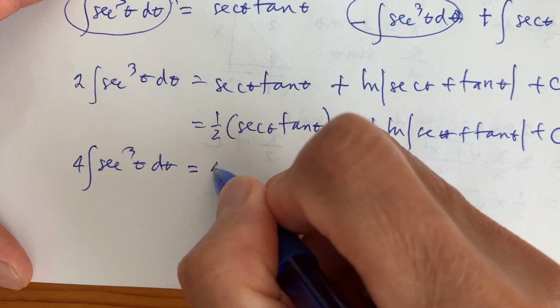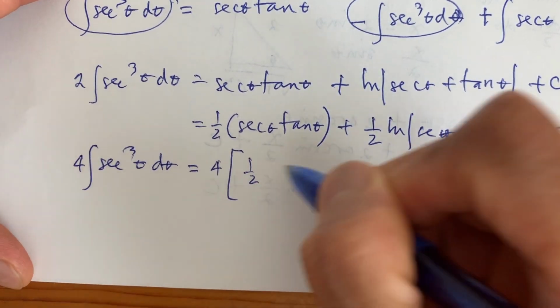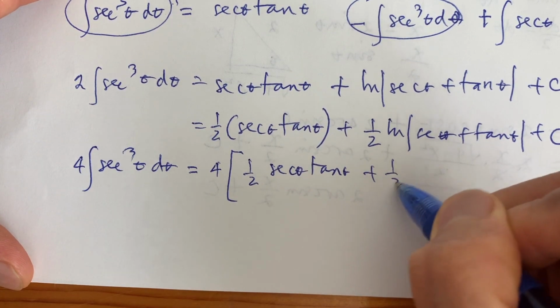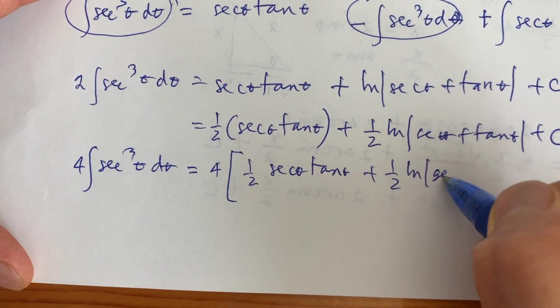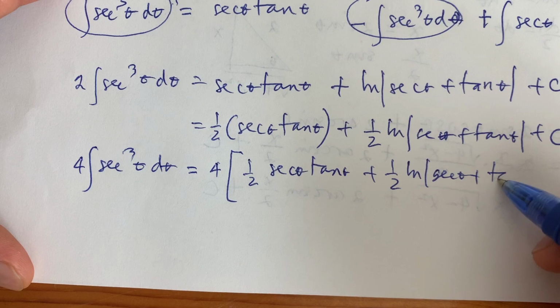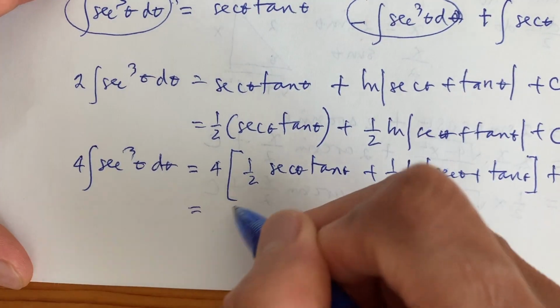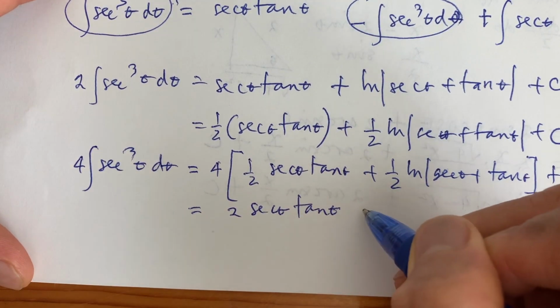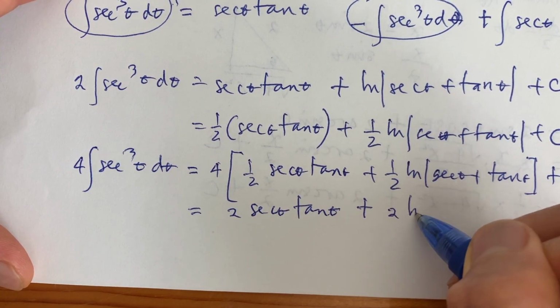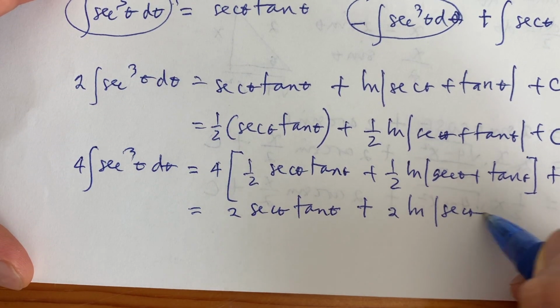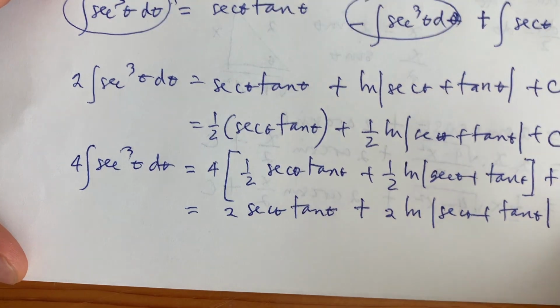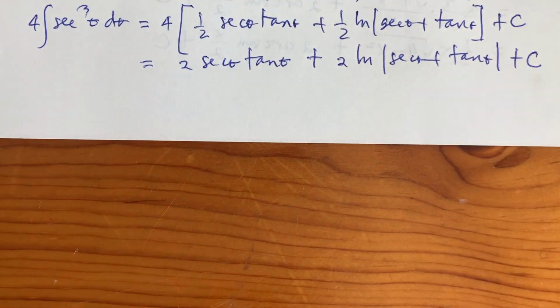This now will become 4 times 1/2 secant theta tangent theta plus 1/2 ln of secant theta plus tangent theta plus c, which simplifies to 2 secant theta tangent theta plus 2 ln of secant theta plus tangent theta plus c. Okay, now let's rewrite it in terms of x.